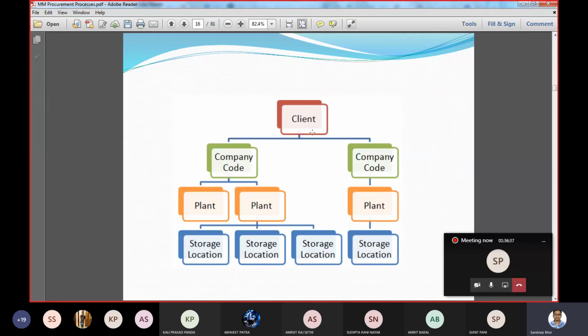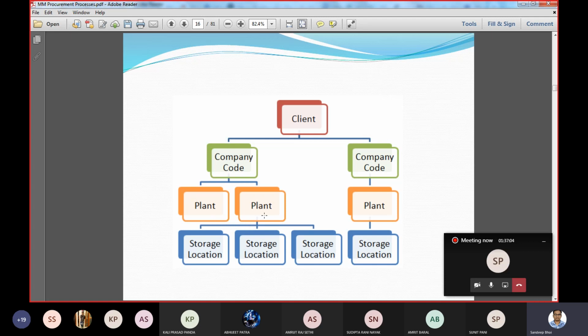Yeah, so this is the figure that I want to show you. Under the client you have different companies, and each individual company has an individual company code. Under one company you have different plants, and each individual plant has a different plant code for this specific company.